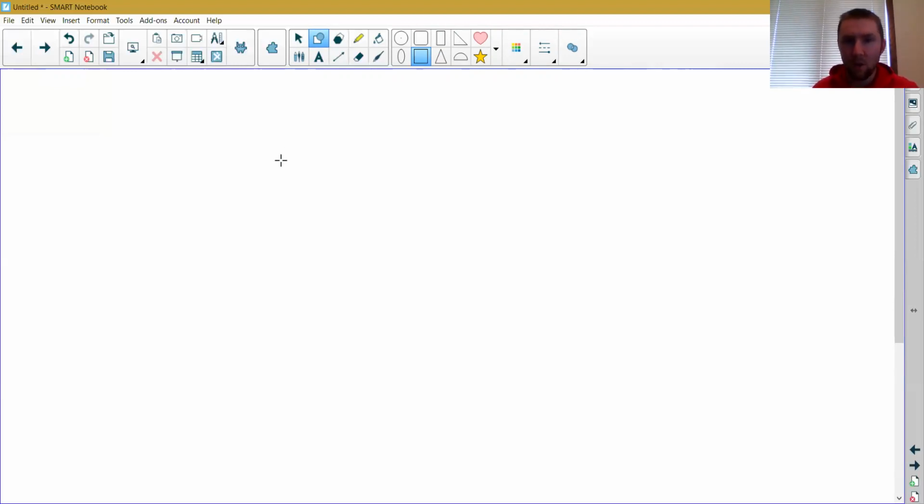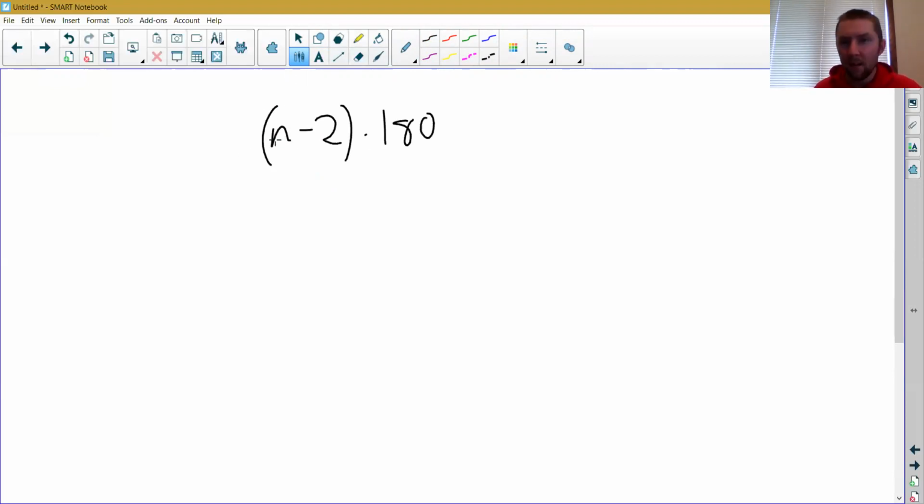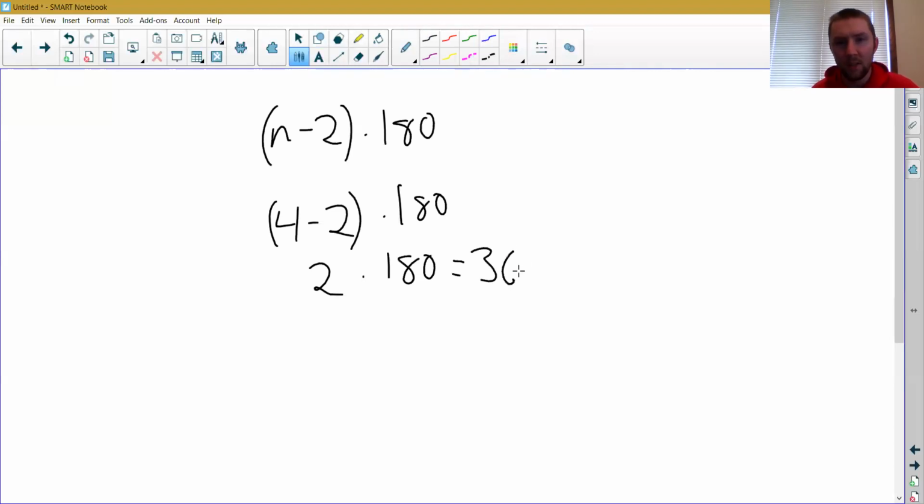So let's see. Let's just start by figuring out the sum total of the angles for a 4-sided shape. Again, that's going to follow our formula, n minus 2 times 180. And in this case, n, number of sides, is going to be 4. So 4 minus 2 times 180, well, 4 minus 2 is 2, times 180 is going to leave me with 360 degrees.